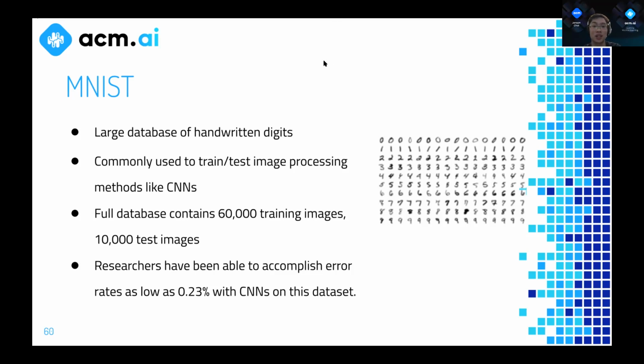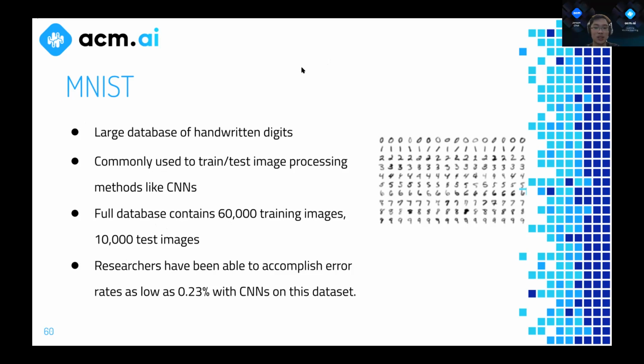This is a very common benchmark for computer vision tasks. It's commonly used to train and test image processing architectures like the CNN and other more novel architectures. The entire database contains 60,000 training images and 10,000 test images.